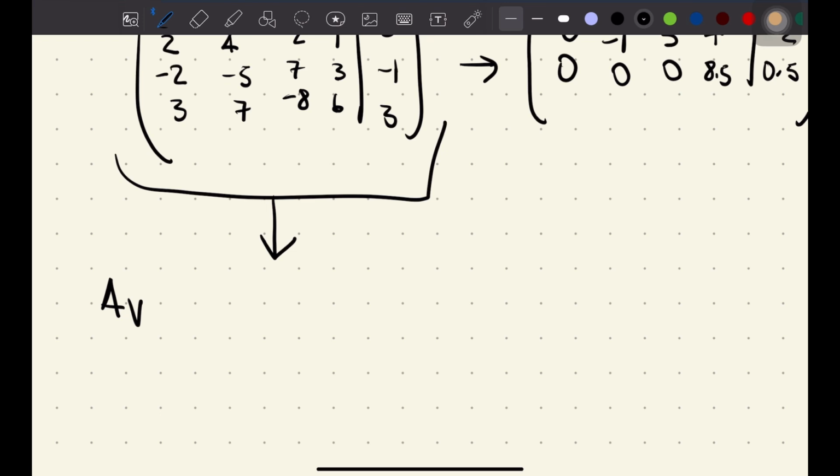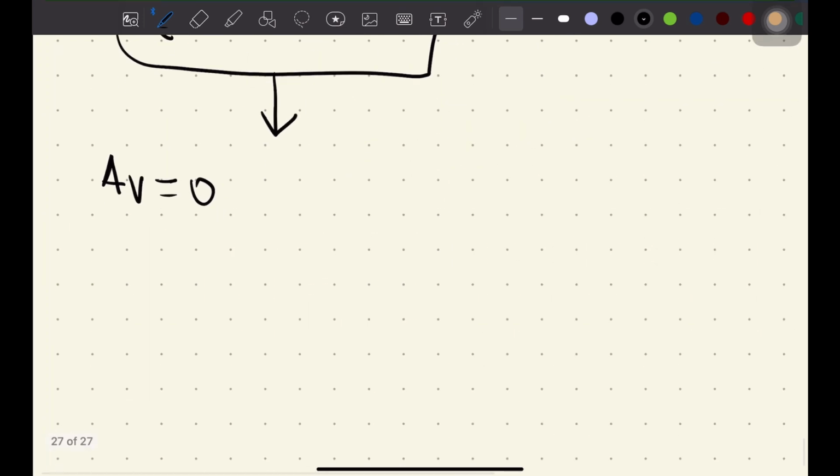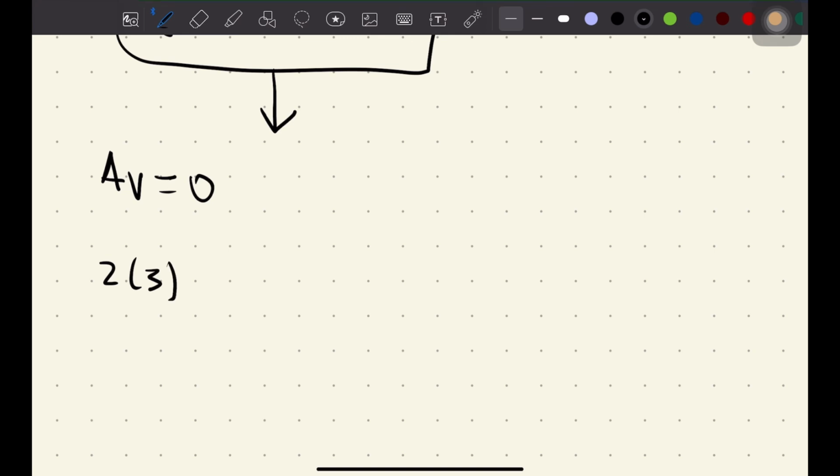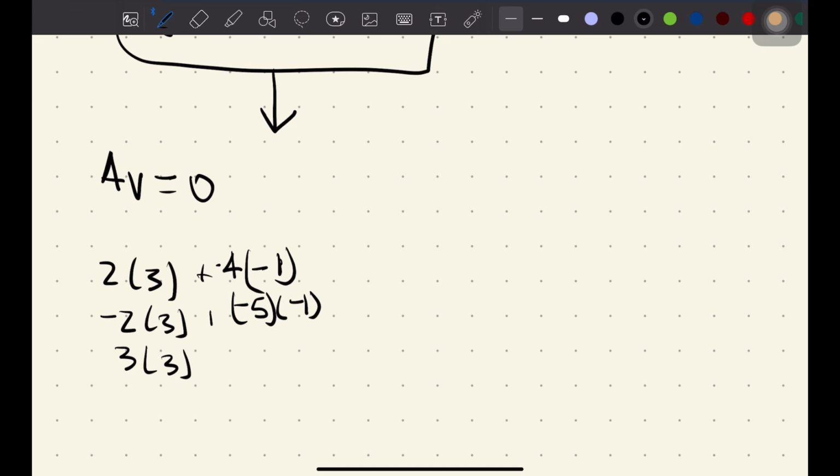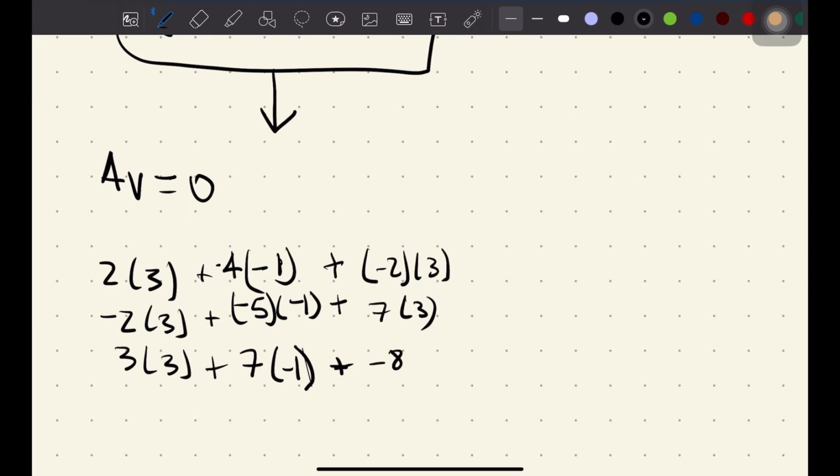So now we need to perform the multiplication. 2 times 3, 3, 3, then 4 minus 1, minus 1, and then we're going to have 7 minus 1, plus -2, 3, 7, 3, -8, and 3.